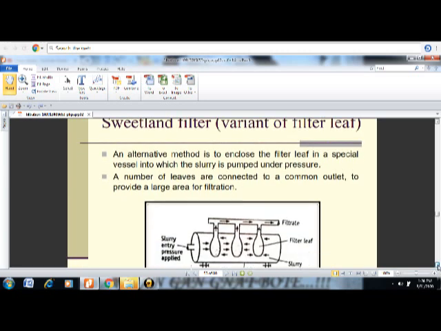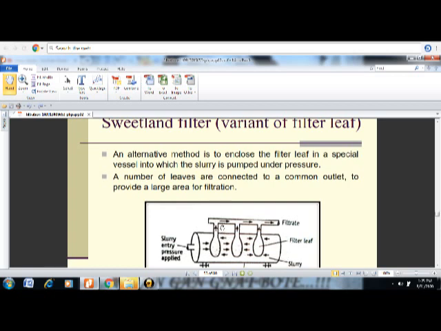Now this filter leaf is also called a Sweetland filter if it is attached in number, right? It is an alternative method. If we arrange many filter leaves 1 2 3 in sequence, this is called the Sweetland filter. Now you can see here, this is a drum in which the slurry is going to pass.